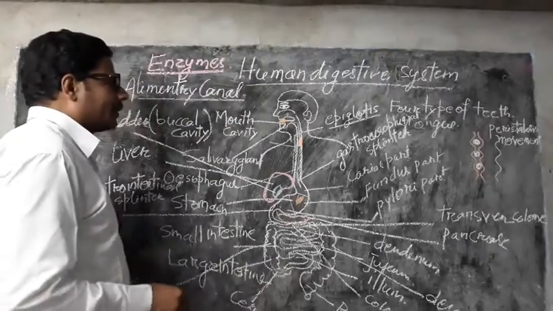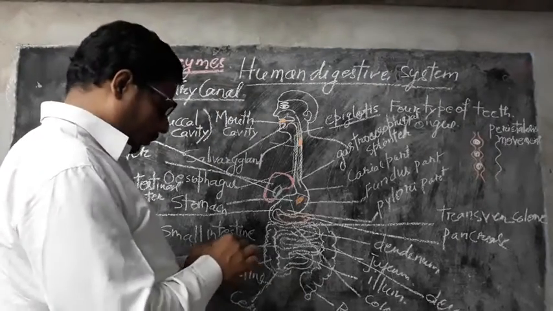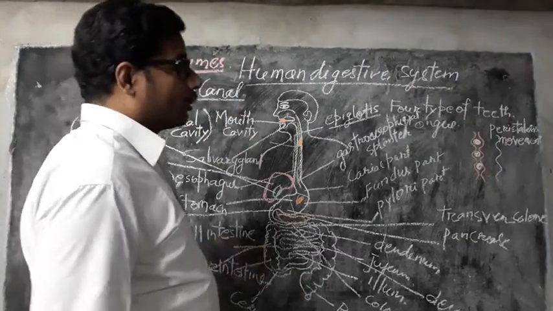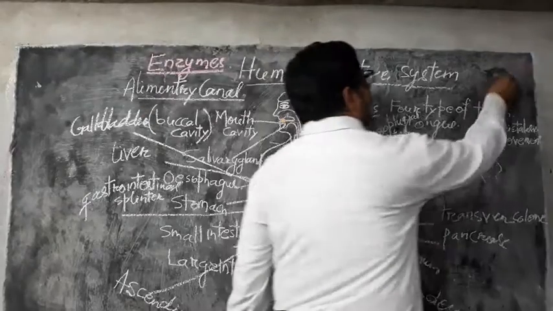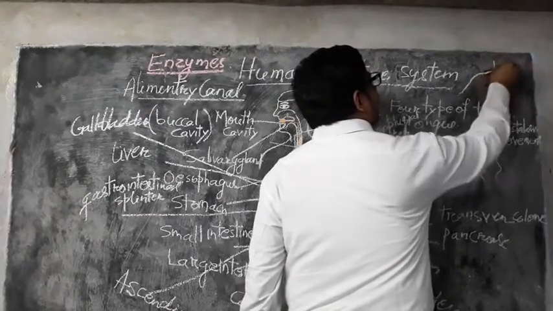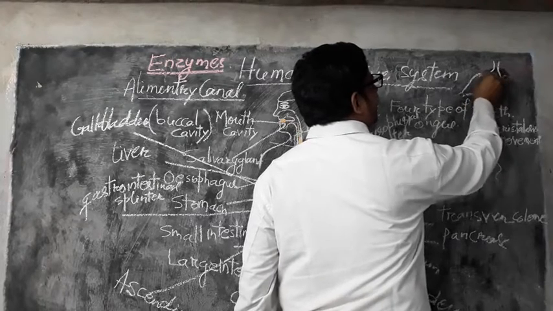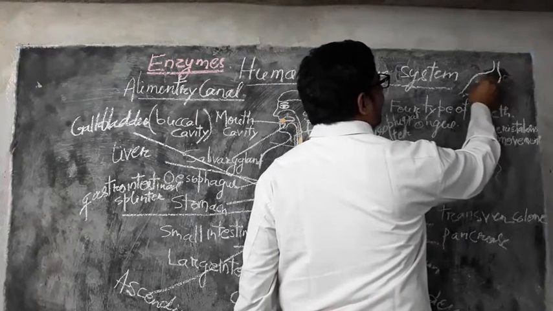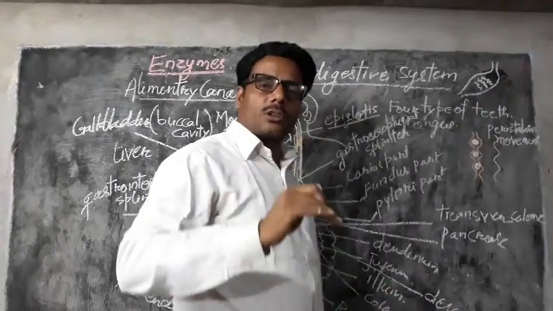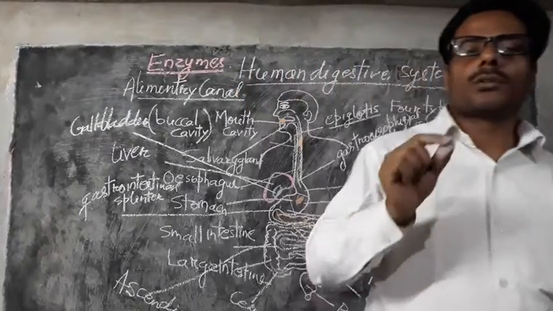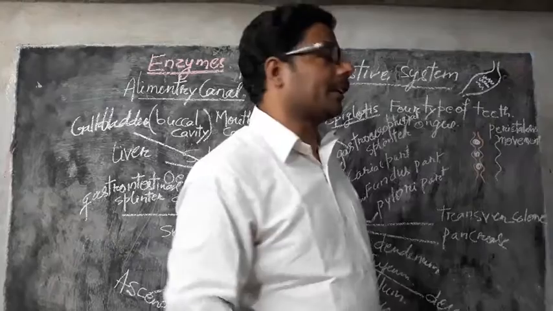Inside the stomach, the inner lining is also present. The inner surface of the stomach has a zigzag-like structure, somewhere down and somewhere up. So many glands are present in it.